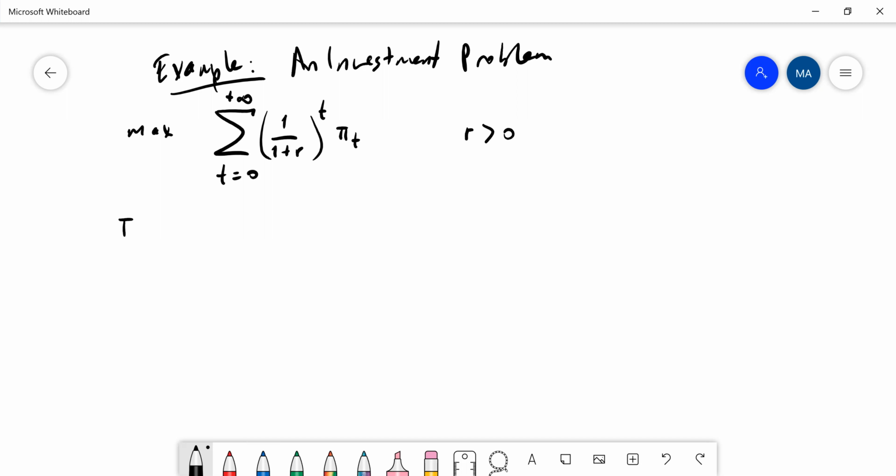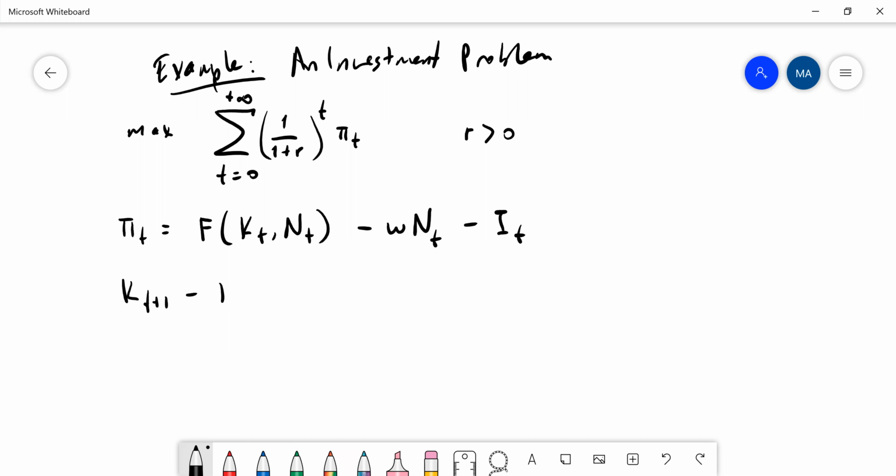Now profit depends on that, and there is some payment to the labor, and then there is some investment expenditure. So the capital stock then changes in this way, right?